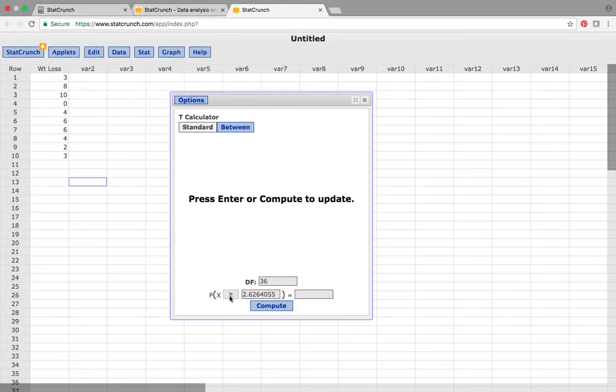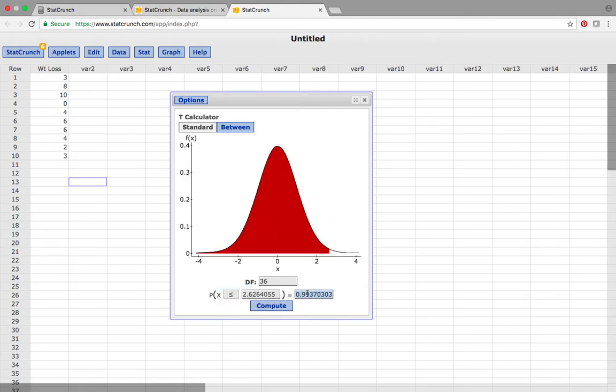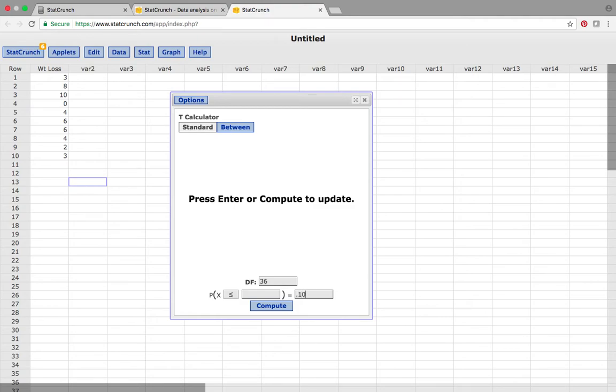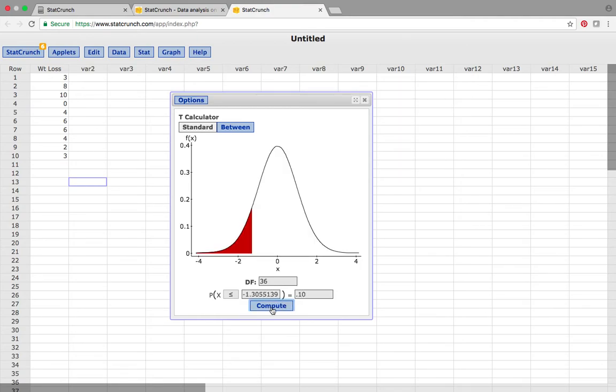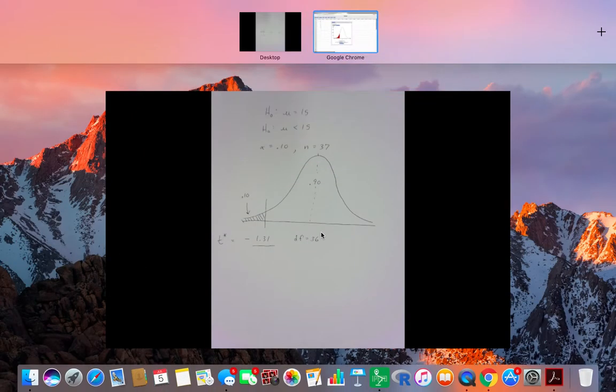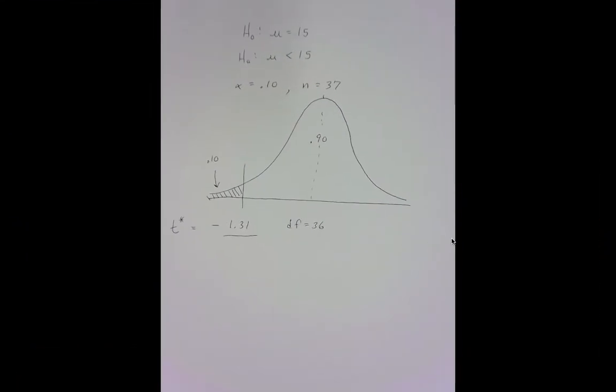Well guys, I'm going to do the area below. So I want the area below to be 0.10. And that is negative 1.31. Okay? Make sense? All right, let's put it to use.